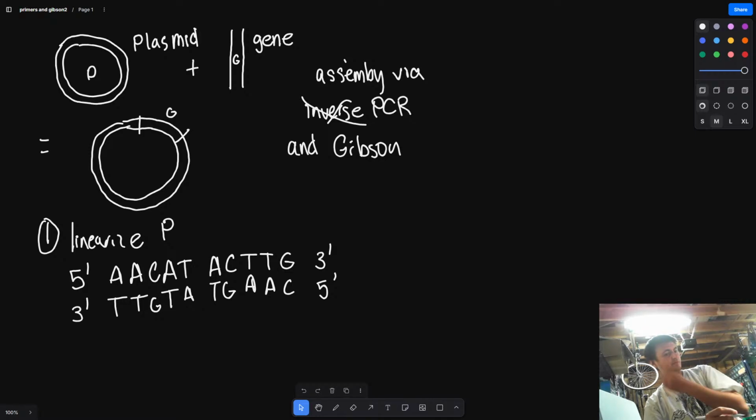Okay, so we have a little section of DNA, and we're basically zoomed in to maybe a special spot right here.